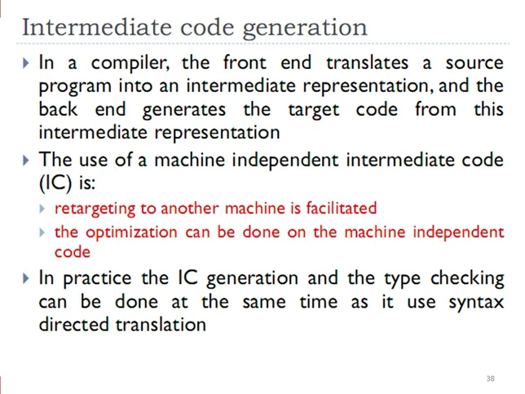The use of machine independent intermediate code is important to retarget another machine. So it is helpful for retargeting another machine, and it is also important for optimization. Optimization can be done on the machine independent code, and then the target code is generated.